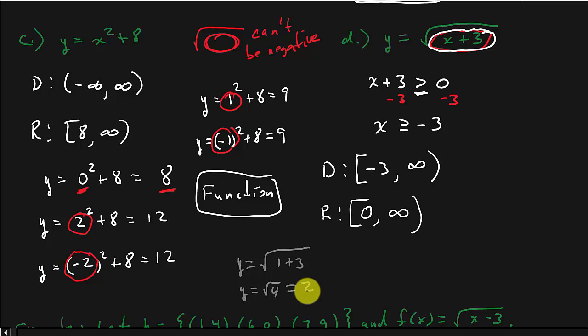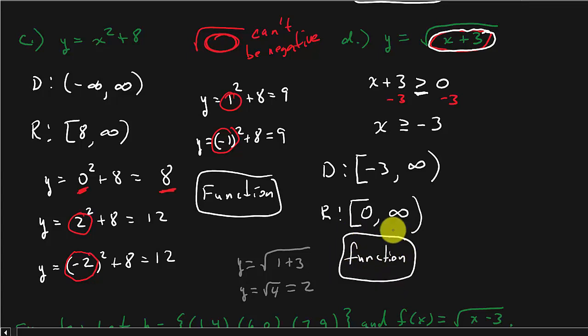It's not plus or minus 2. So for any x value in the domain, whether it's 1, 2, 3, 4, 5, 6, or whatever, we only get one answer for y. There's no way to have the same x value with 2 different y values. So this one is a function.